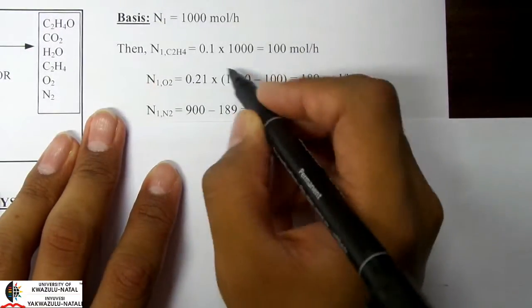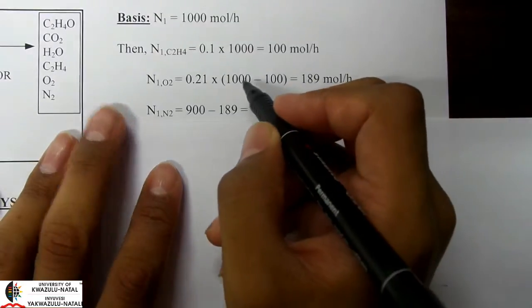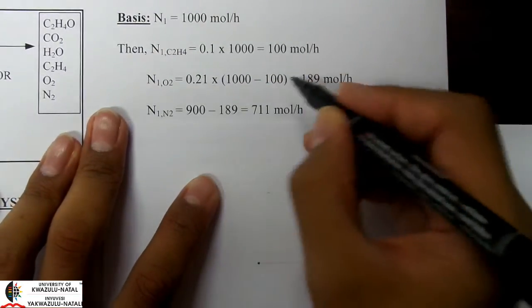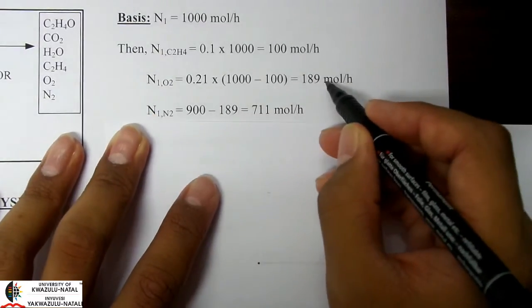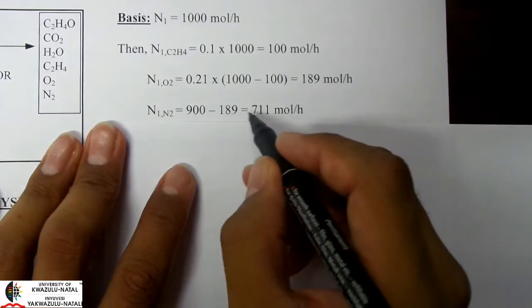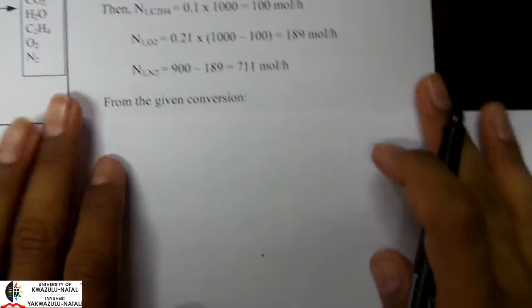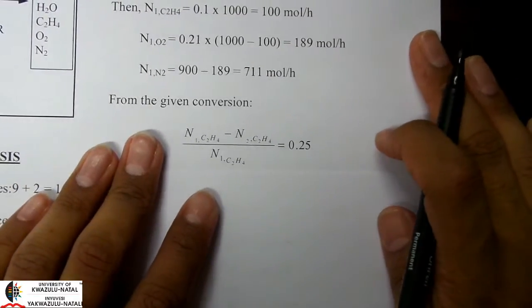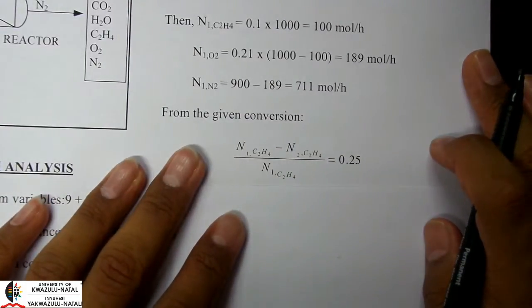So we have 100 moles per hour of ethylene, therefore 900 moles of air, and 21% of that 900 is oxygen, so that's calculated here. And for our nitrogen, it's calculated by difference. We are given a conversion of 25%, okay, of ethylene.